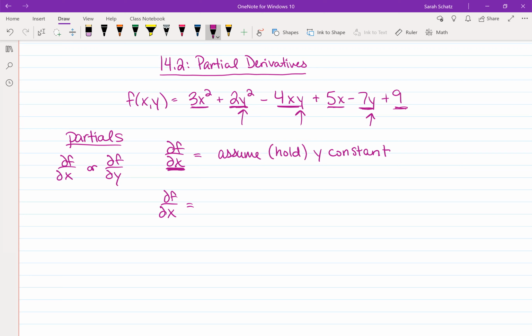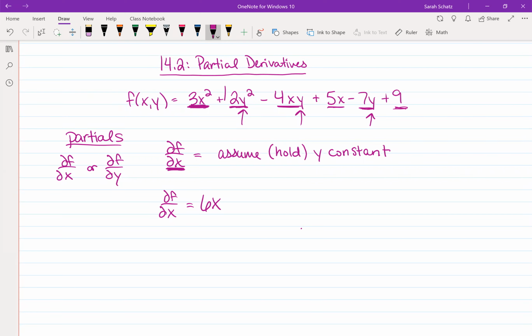And it takes some practice to see that y and treat it as just a constant number, but we get better at it as we go. So let's do this one term at a time. So the 3x squared, there's no y's in that at all. That's purely an x term. That's going to just turn out normal, you guys. The derivative with respect to x of 3x squared is 6x.